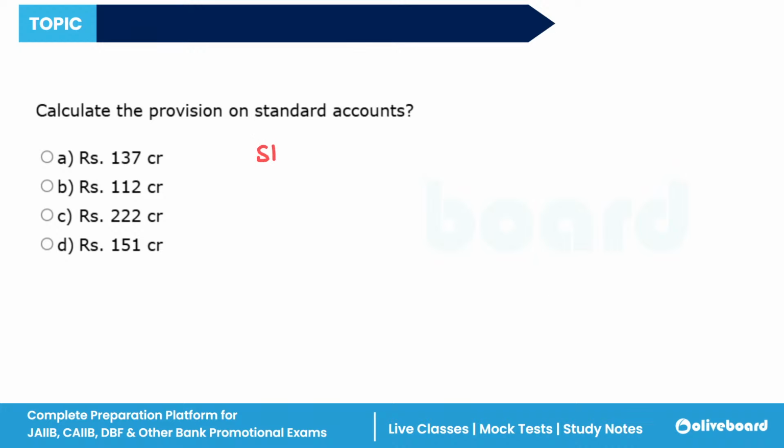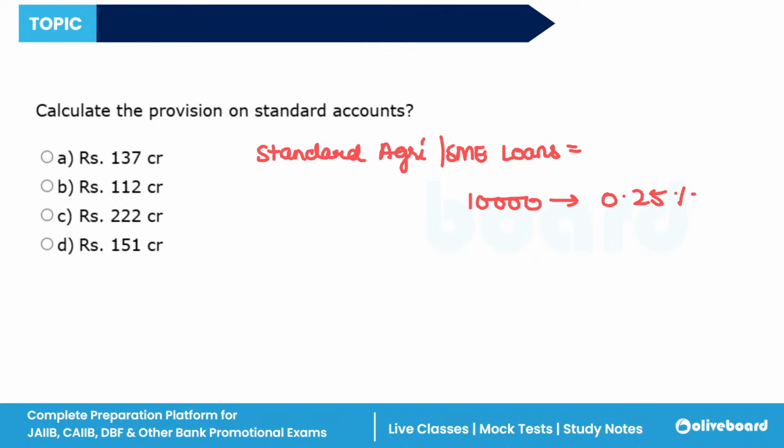For the standard agriculture and SME loans, 10,000 at 0.25% is equal to 25 crore.